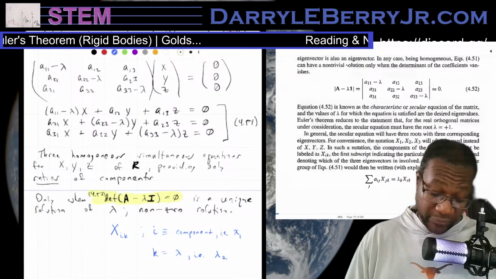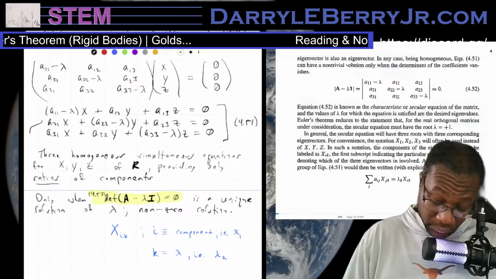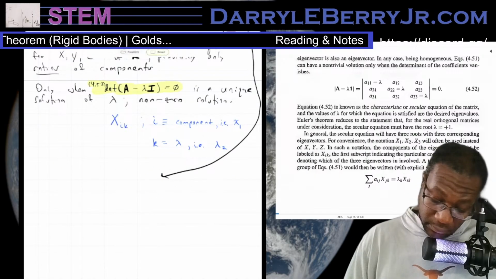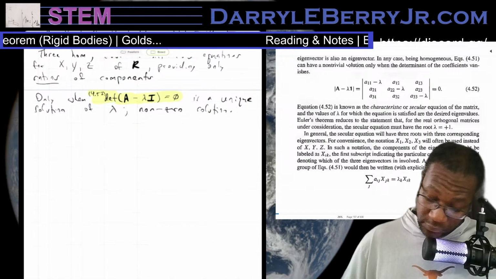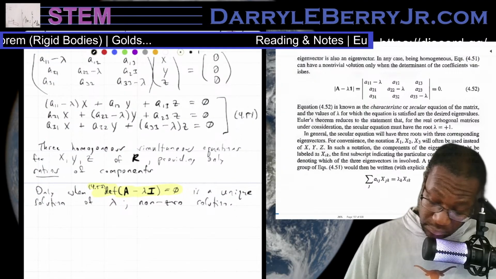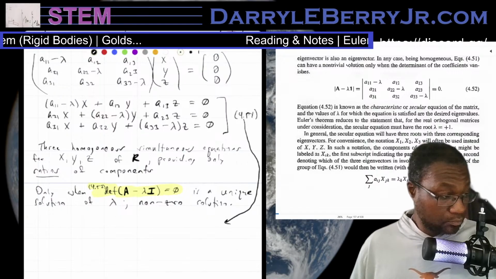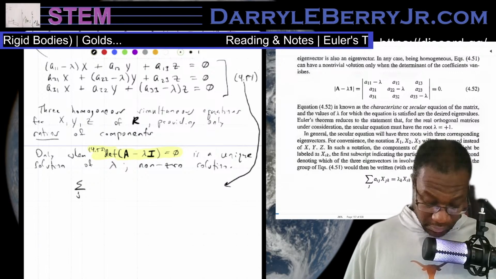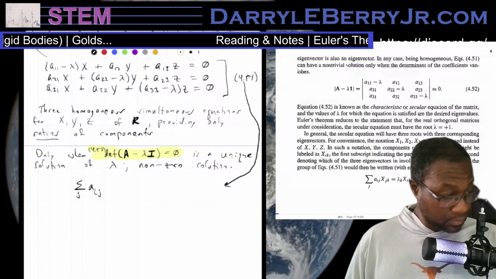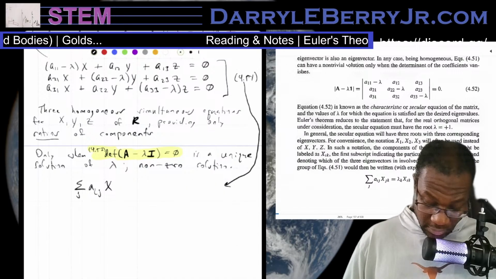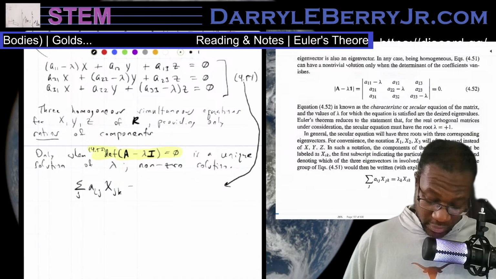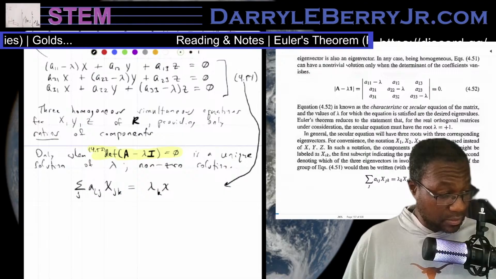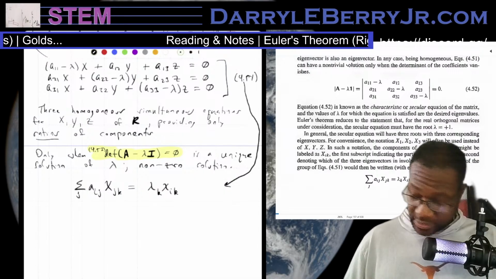Talking about the group of equations 4.51. We're going back to here. Actually, the sum over j of a_ij x_jk equals lambda_k x_ik.